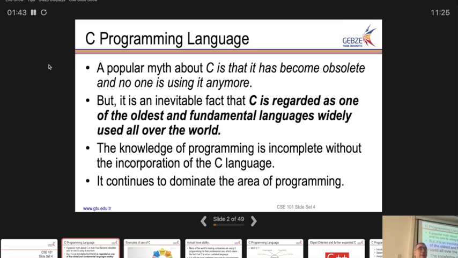Again, we will be teaching you the C language, but you are probably not going to use it, because those parts will be handled by you using artificial intelligence.